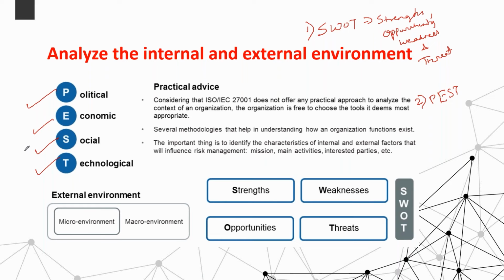Once we identify all this, we can adopt any of the models, as I said. One is your SWOT, one is your PEST, and then we can adopt the five forces analysis, which we call the Porter five forces analysis. This is going to help you examine the level of your competition as well. By employing the five forces, we can analyze the business requirement, and how the business environment is within the industry.